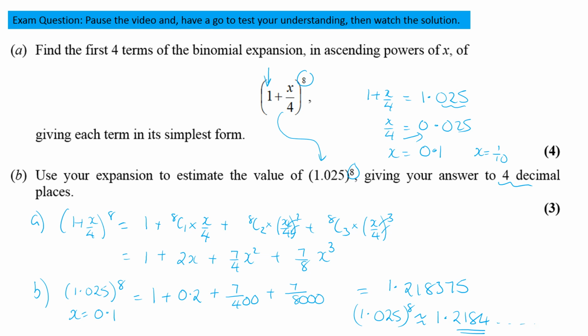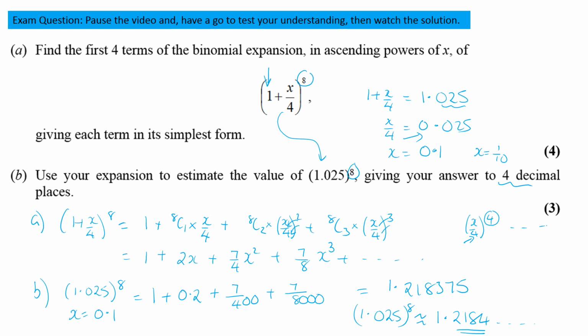It's just not got the rest of it because we didn't have the other terms, but because the 0.1 that we were feeding in was so small, and you can imagine we're going to have x over 4 to the 4 and so on and so on, when you're feeding in that x is 1/10, and so we're going to have an even smaller fraction when we divide that by 4, raising fractions to the 4, they're going to be minimal additional terms to be added to the first 4 terms because of this x going in as a fraction and then dividing by 4 and raising it to powers.